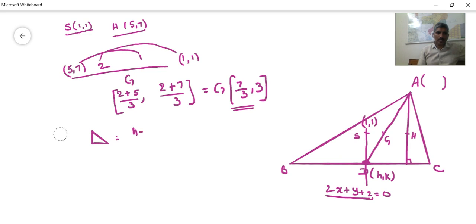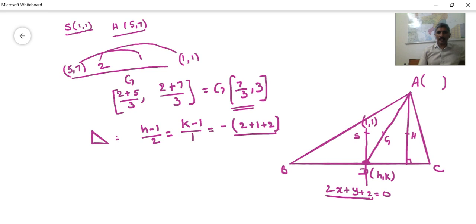so we can write h minus x1, so h minus 1 divided by 2 is equal to k minus 1 divided by 1 is equal to minus of (2 plus 1 plus 2) divided by square root of 2 square plus 1 square.